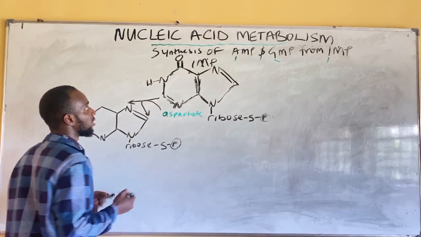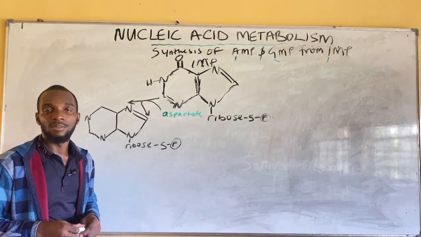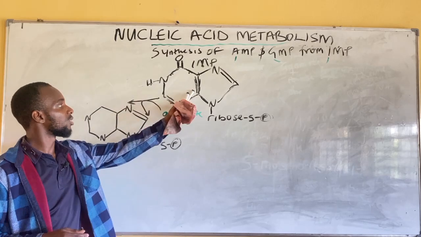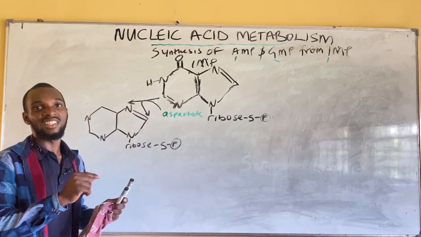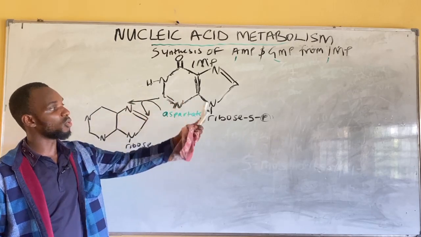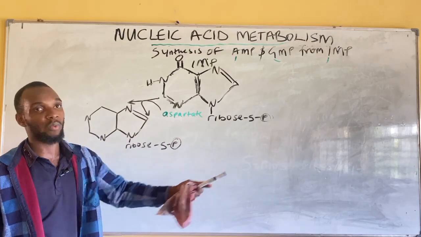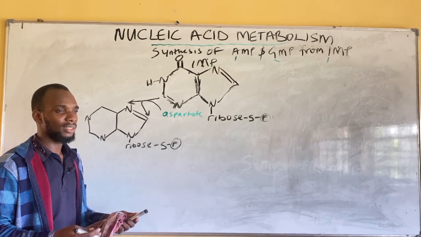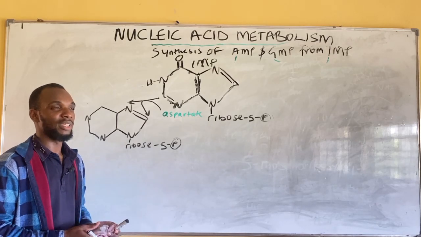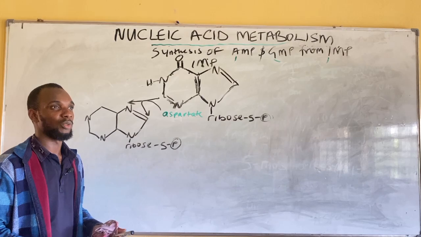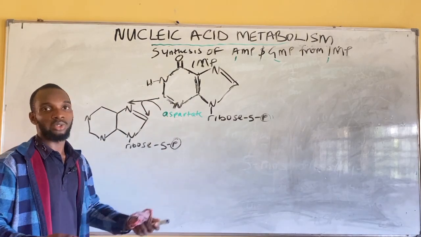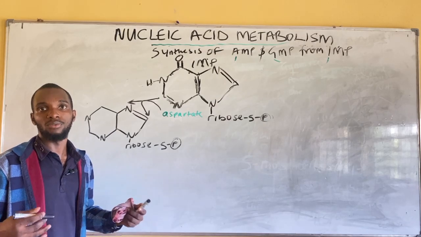Remember that I told you the interesting thing about synthesis of AMP from IMP is that IMP to AMP requires GTP, but IMP to GMP requires ATP. It's a way of regulating the amount of ATP and GTP in the body. When there's excess ATP, IMP will favor the production of GMP.